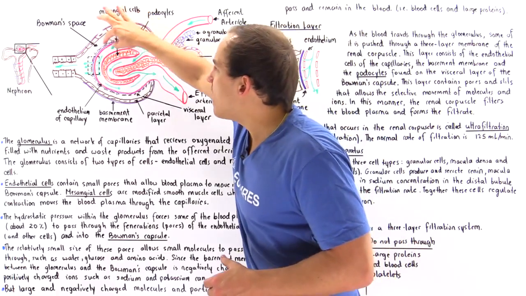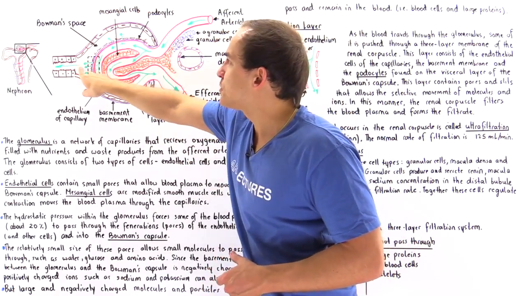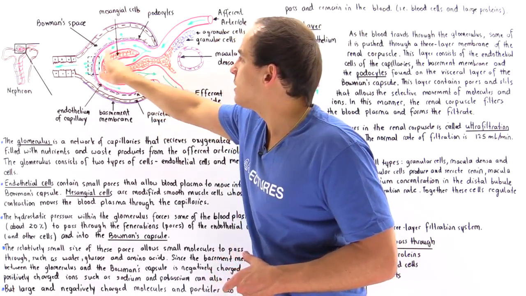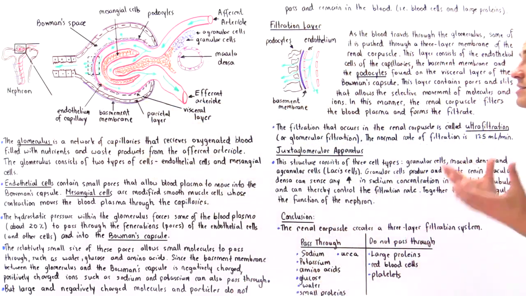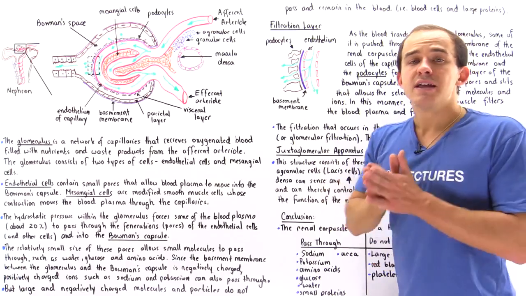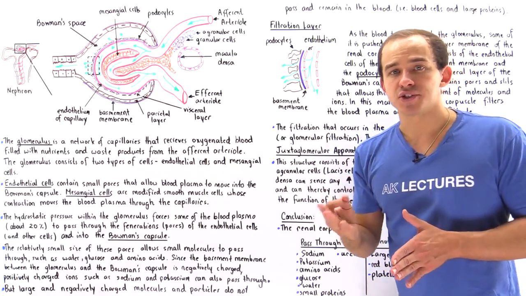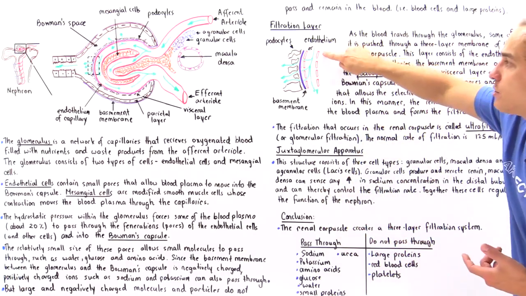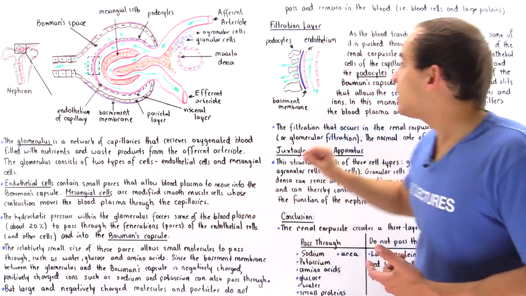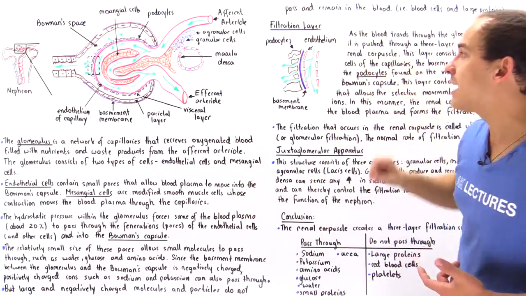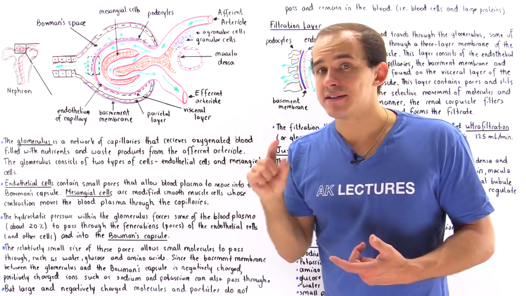Now, this membrane separating the space of the Bowman's capsule and the lumen of the capillaries inside the glomerulus consists of a membrane that has 3 layers. We have a layer of endothelial cells that contain tiny pores, and we have a layer of podocytes that contains tiny slits.